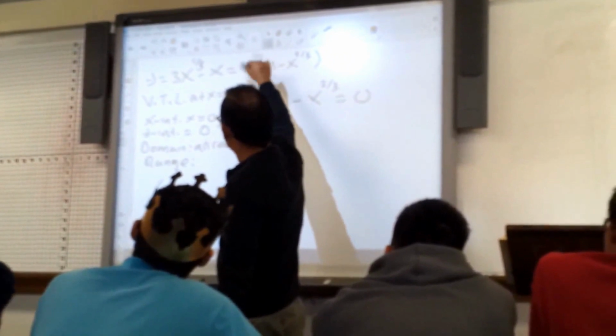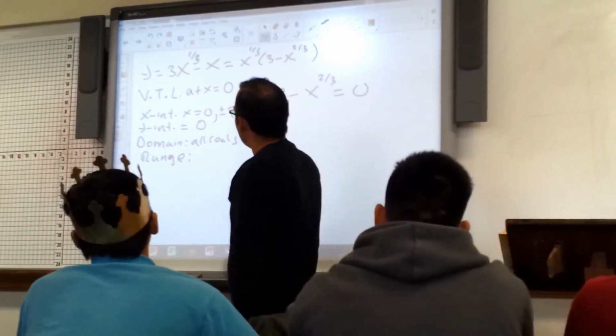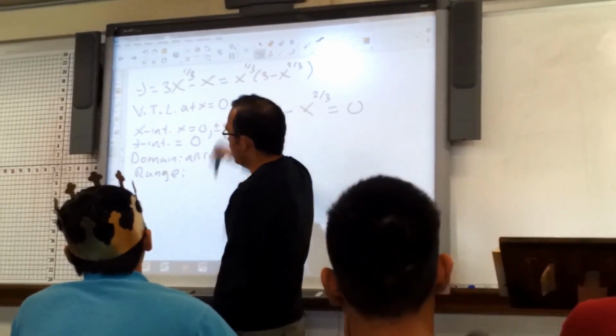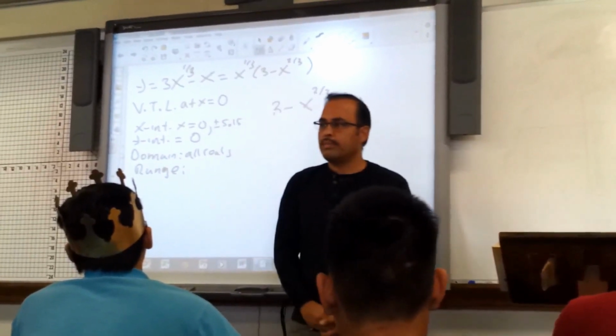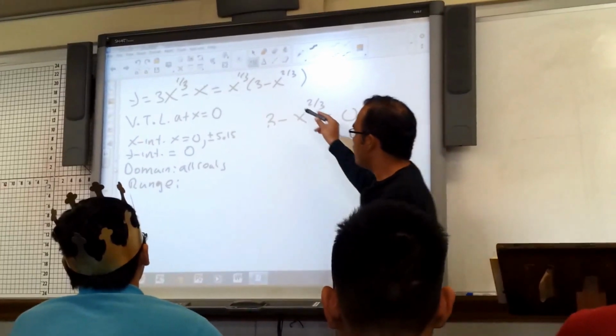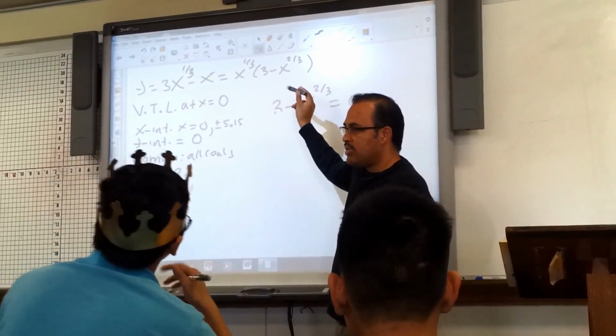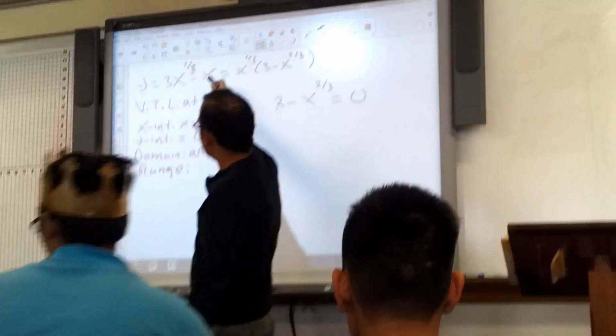So that's the one that has the 1/3. At x equals 0, that's where the vertical tangent line exists. The other ones are x-intercepts only. They're not vertical tangent lines, just x-intercepts.